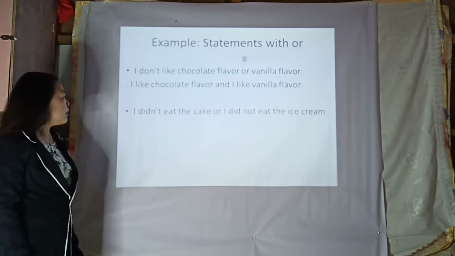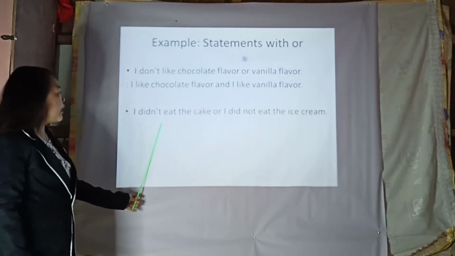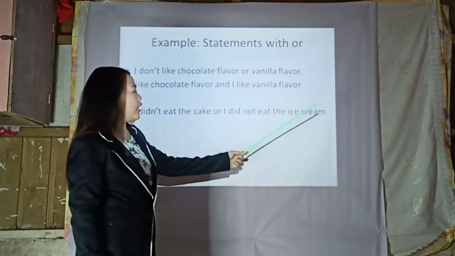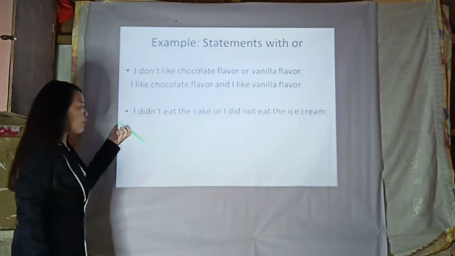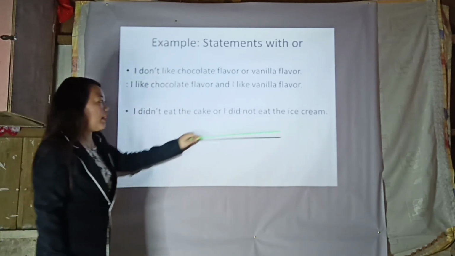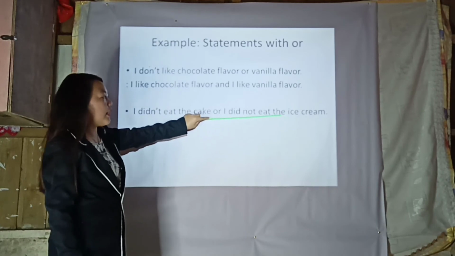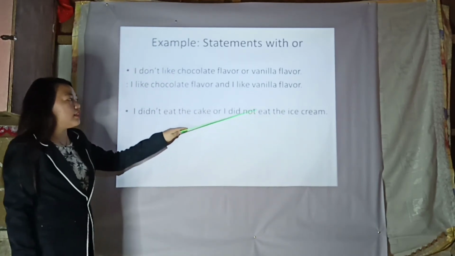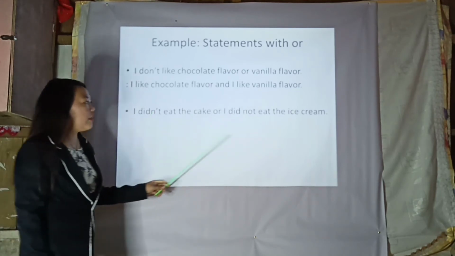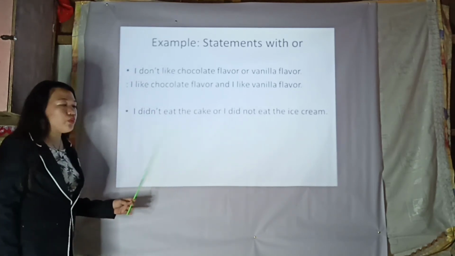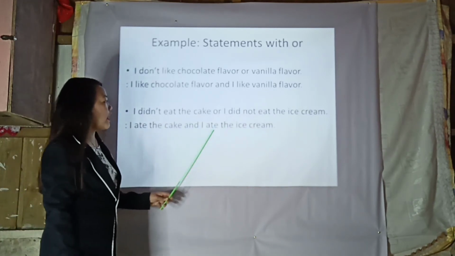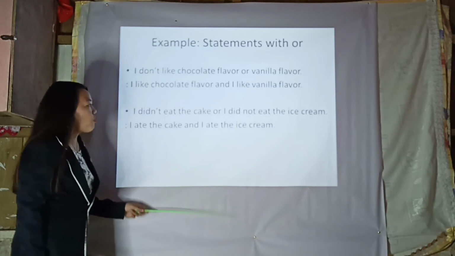Next is: I didn't eat the cake or I did not eat the ice cream. In this first statement, as you see, it has a negative, as well as the second statement, which is not and didn't. Therefore, the negation will be I ate the cake and I ate the ice cream.